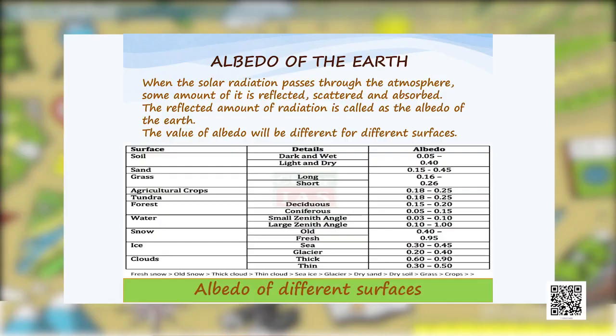Whereas a surface with a low albedo, such as black pavement, absorbs nearly all the incoming solar energy. The value of albedo will be different for different surfaces such as snow, forest, soil, black pavement, etc.